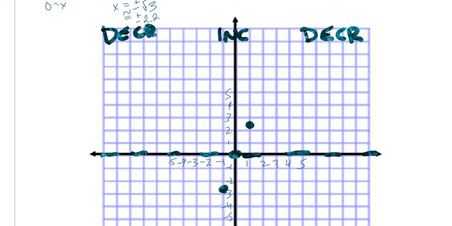That's going to be about 2.16, or negative 2.16 for the negative side. So let's plot those really quick. So something like this here and this here.